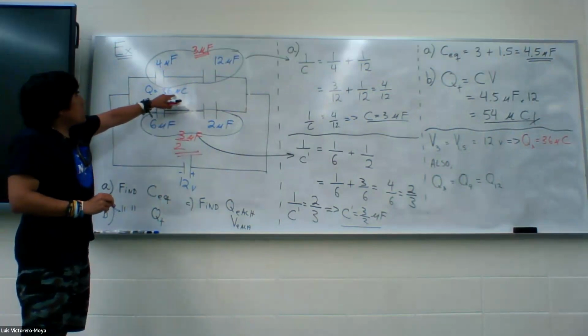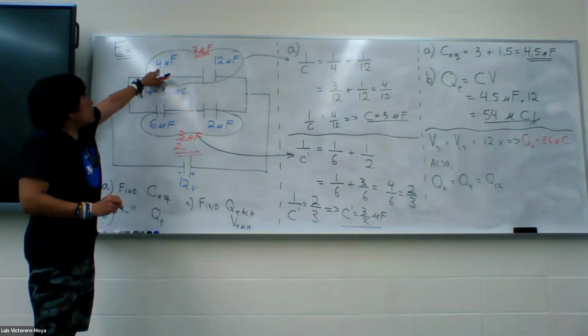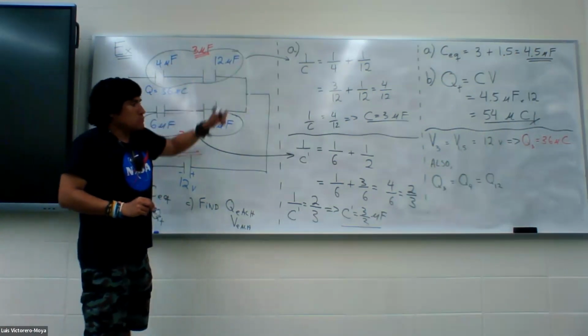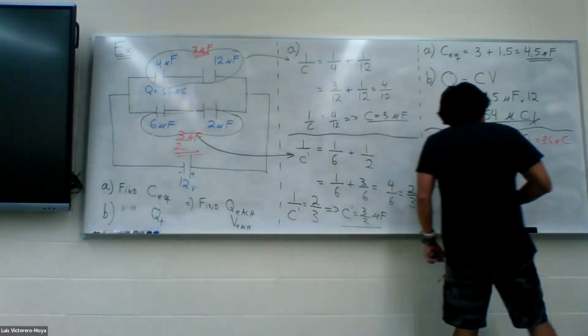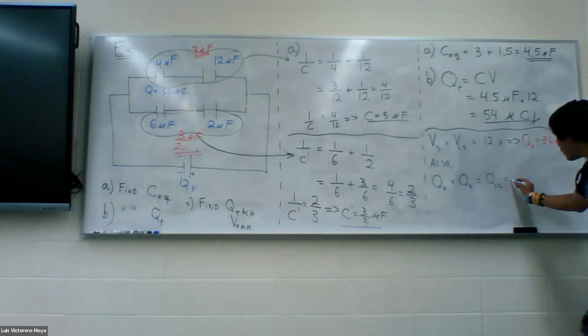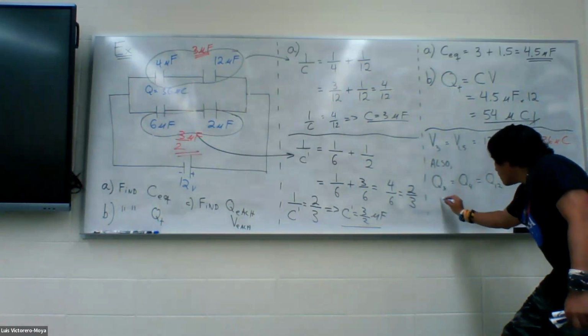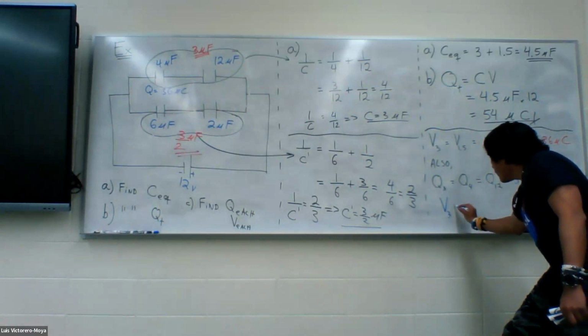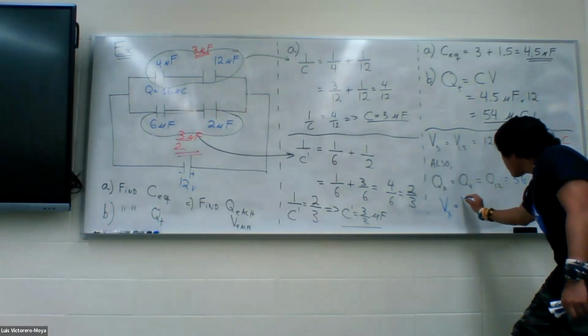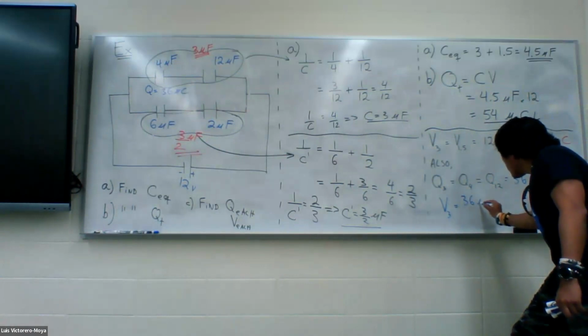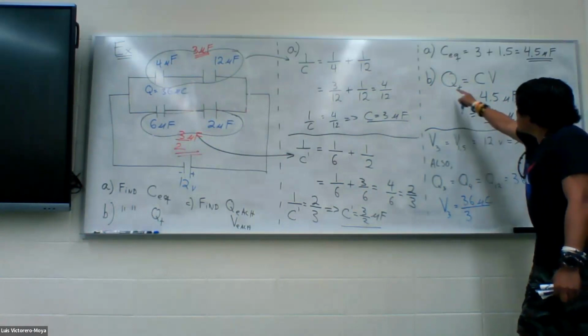If the charge is 36, you can find the voltage on 4 and the voltage on 12. This is equal to 36 microcoulomb. Then the voltage on 4 is the charge divided by the capacitance.